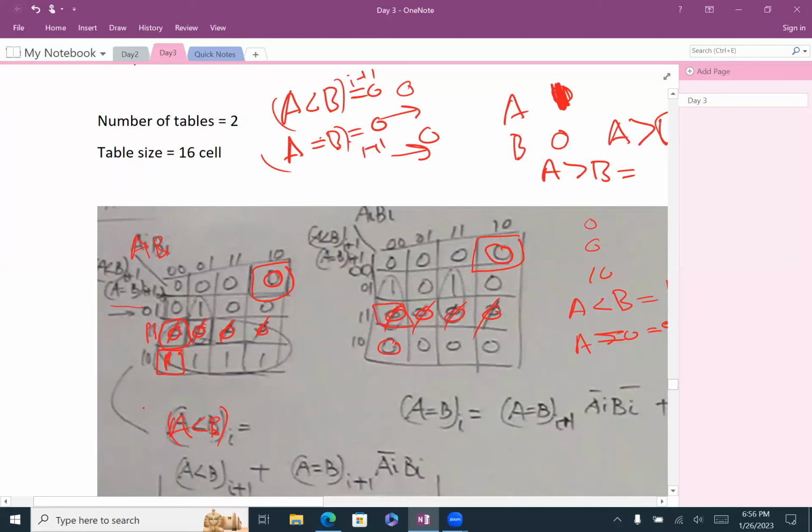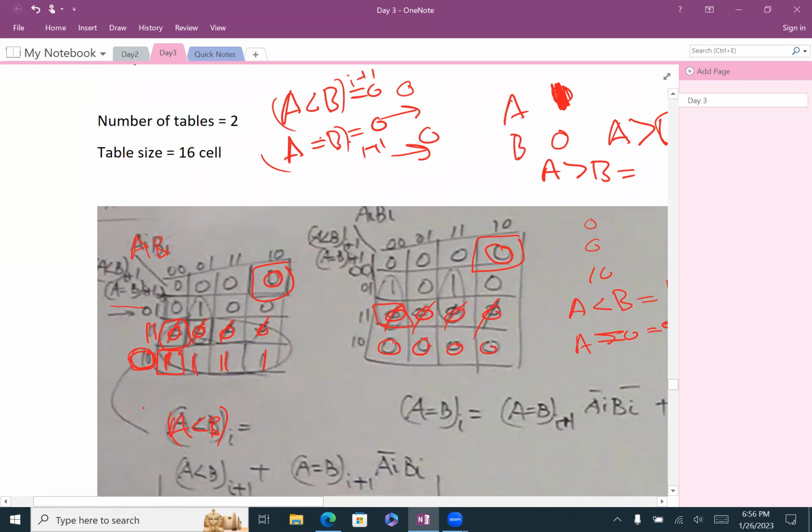We know it's A smaller than B. Now, can you do that for the whole line? Yes, because remember, if it's decided at the first stage, you don't care about the remaining. So when you have 1, 0, we know it's A less than B, and that's why everything here is going to be 1, and everything here will be 0, correct?